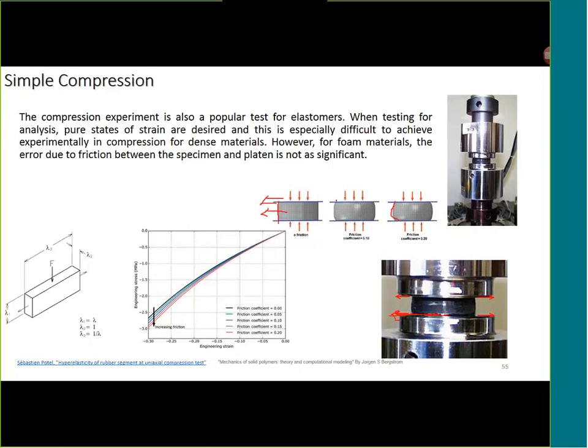Rather, if the material is sticking at the top and bottom, it starts bulging. When the bulge happens, the stress state in the material is not pure compression. It is a multi-axial stress state. Studies have been done showing how the pure compression stress strain curve changes as the friction coefficient increases between the fixture and your material. But for many practical cases, it is quite challenging to achieve a friction coefficient of 0.